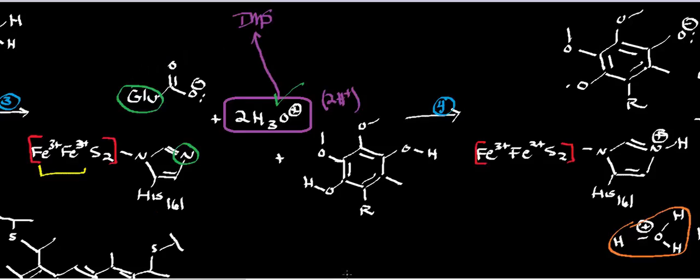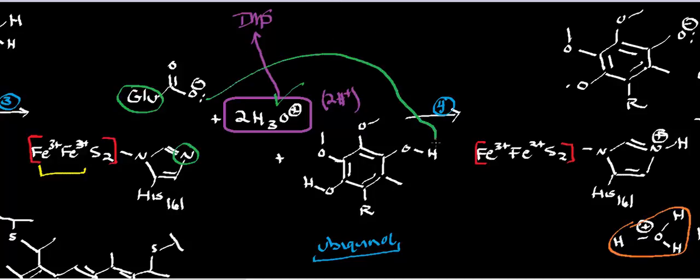Okay, so now to do this mechanistic step, number 1, we're going to allow another ubiquinol into the active site. So this is ubiquinol right here, totally reduced coenzyme Q. And a very similar thing is going to happen as to what happened in the last part of the mechanism. So number 1, we're going to get glutamate to deprotonate ubiquinol right here, and that's going to generate our oxyanion there.